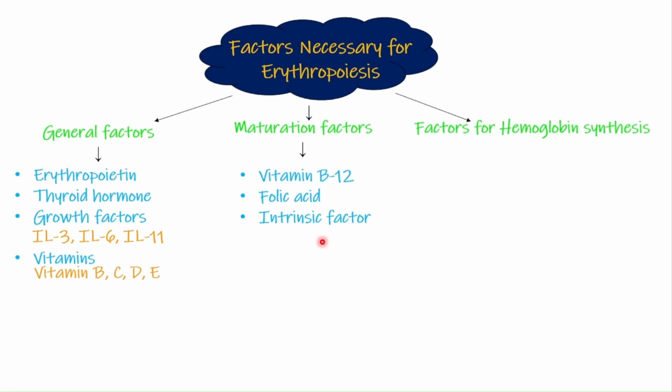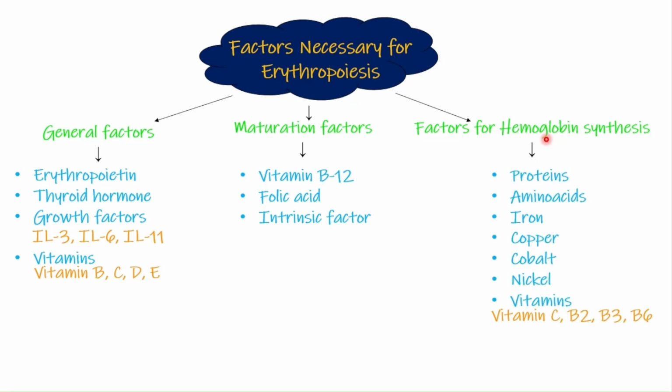Then we have the factors for hemoglobin synthesis. These include the proteins and amino acids, the minerals iron, copper, cobalt, and nickel, and then again the vitamins. The vitamins that are relatively more relevant to hemoglobin synthesis are vitamin C, vitamin B2, vitamin B3, and vitamin B6.